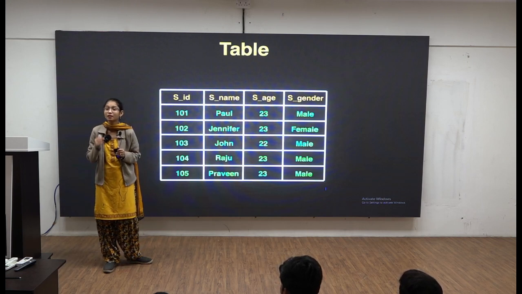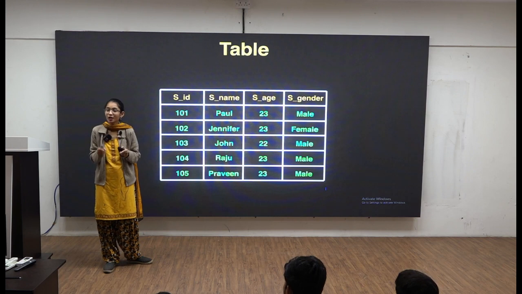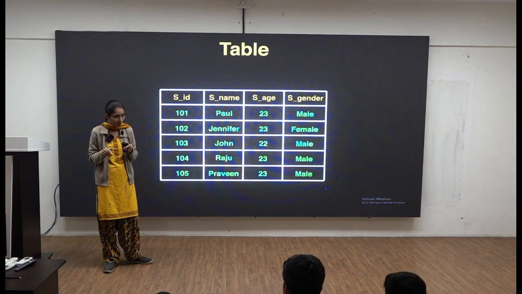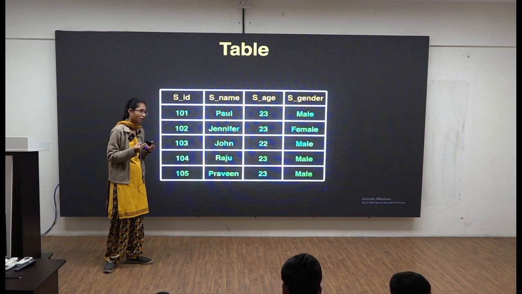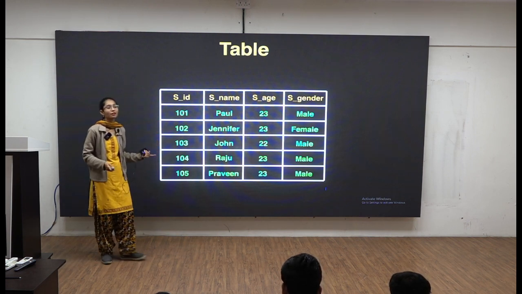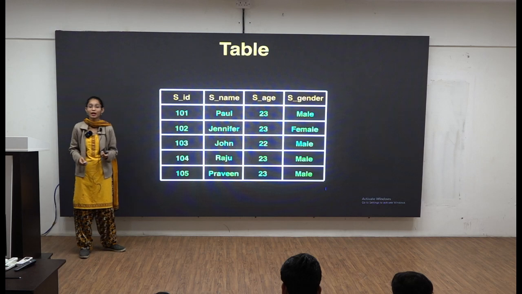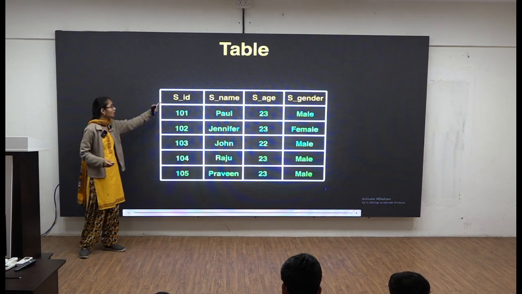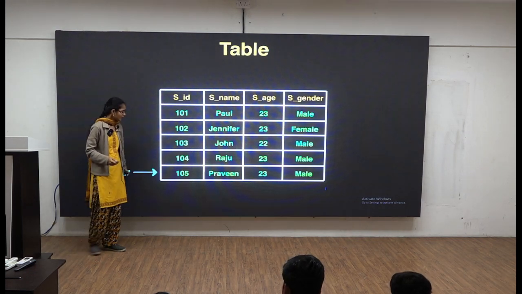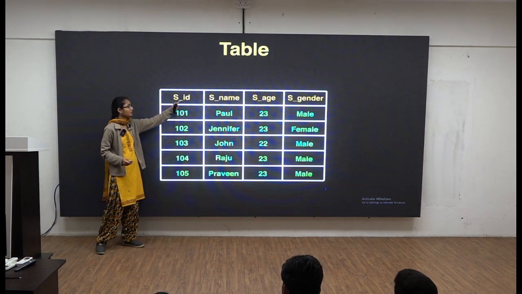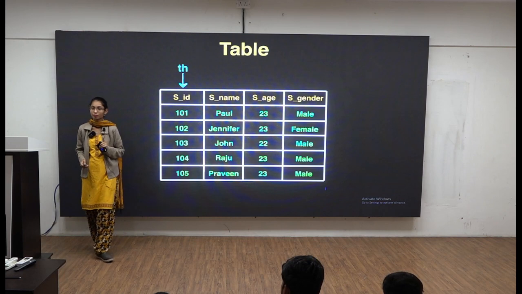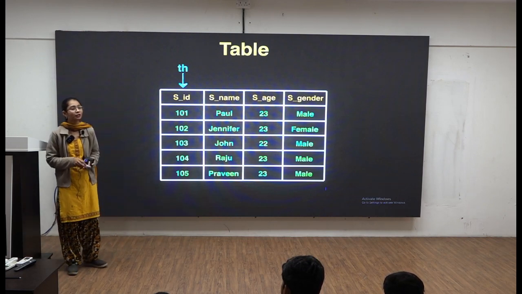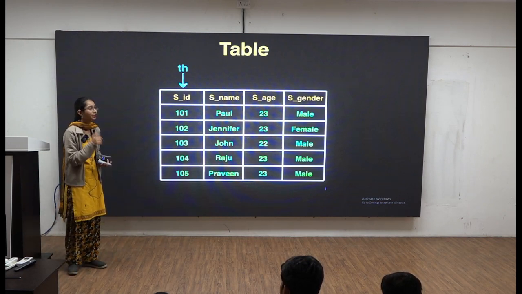Inside that table row, I have to specify the table headers first, and only then the data. So this is a table row, and this is specifically called a table header. What we call a column in SQL, here we have to call a table header.